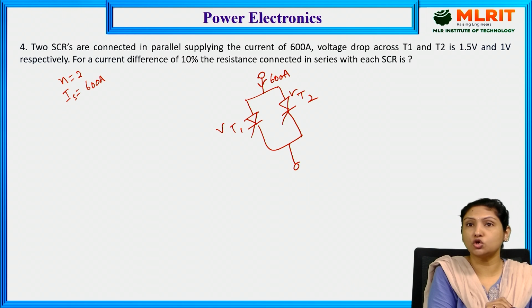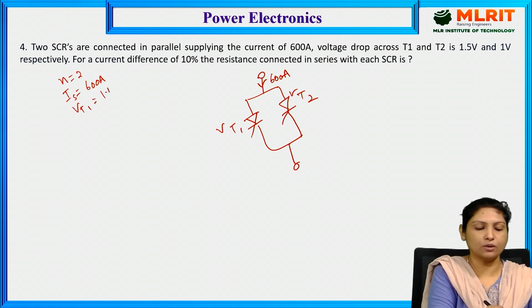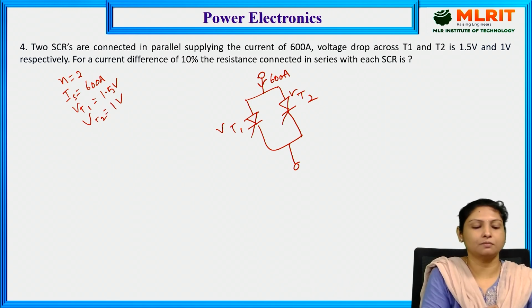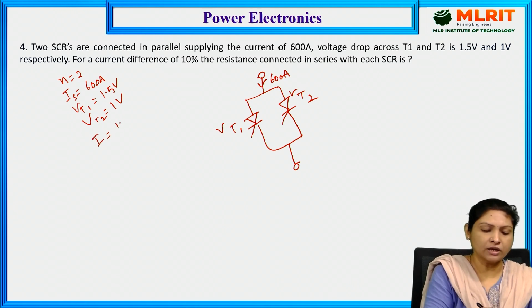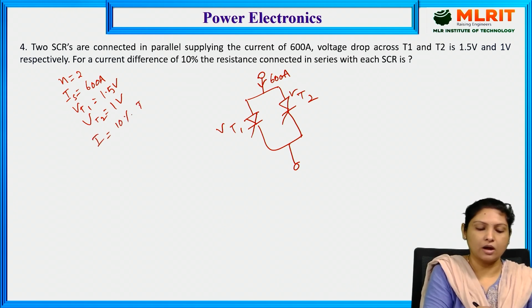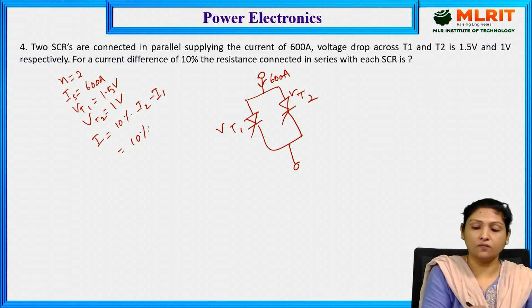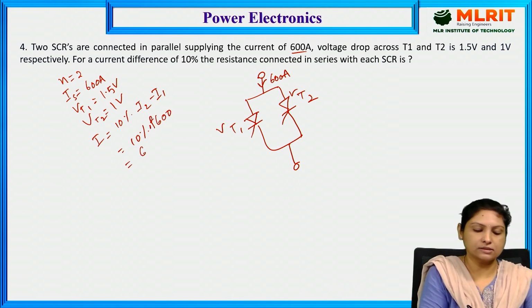Voltage drop across thyristor 1, VT1, is equal to 1.5 volts, and VT2 is equal to 1 volt. For the current difference of 10%, that is, I2 minus I1 is equal to 10% of 600 amperes. We get it as 60 amperes.